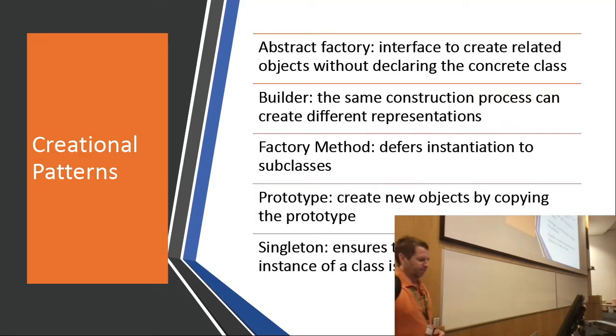So here are some of the creational patterns, the abstract factory. The abstract factory, basically it outsources constructors. My favorite example with this one is Tetris. Imagine you are writing Tetris as a game, right? Every few seconds a new block has to appear at the top and it has a different shape.